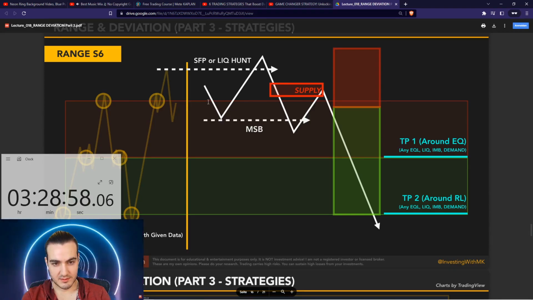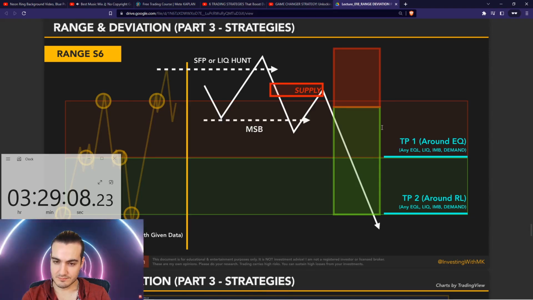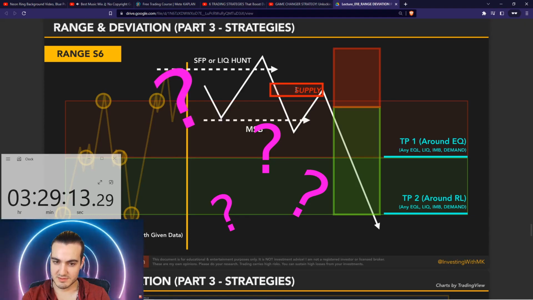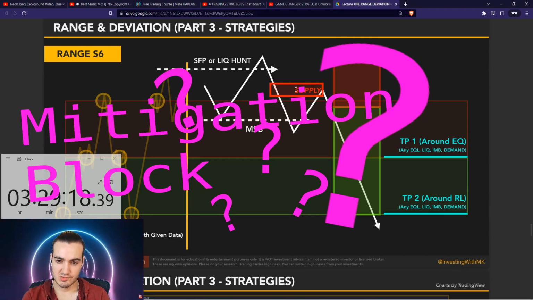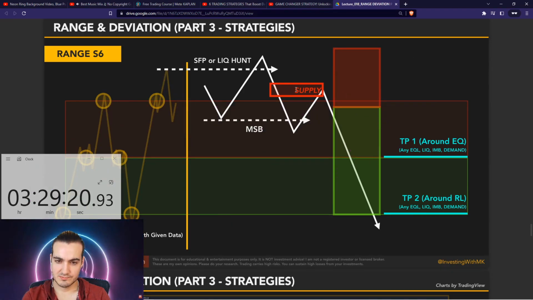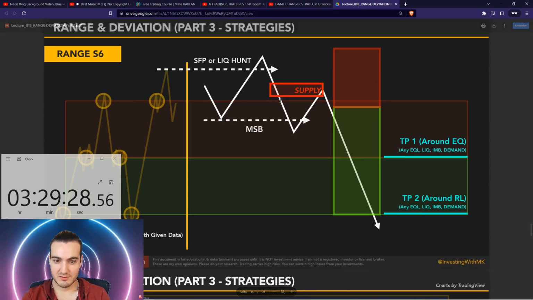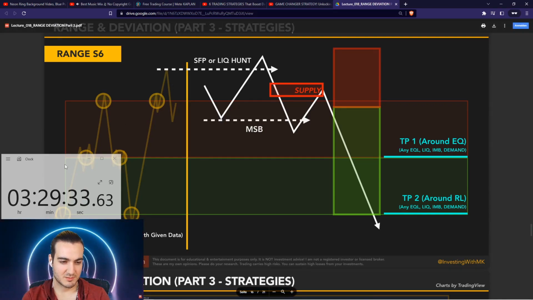So we'll have a swing failure pattern, a market structure break, we'll return to the entry zone, and then I'm not sure what this supply is. Maybe it's a mitigation block, because the order block would be way up here. Of course, this could be an imbalance too, you know. Doesn't really matter. Okay, so let's copy this over.